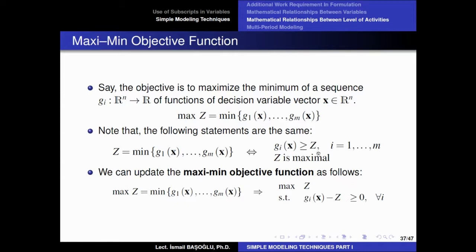Okay, z is going to satisfy those constraints, and z is also going to be the maximum value. Therefore, instead of maximization of a minimum of several functions, we are basically maximizing a single value z, a single decision variable z, where gi of x minus z is going to be greater than or equal to 0 this time for all functions i.